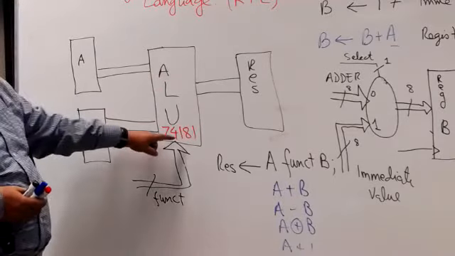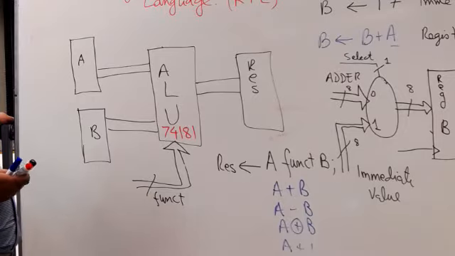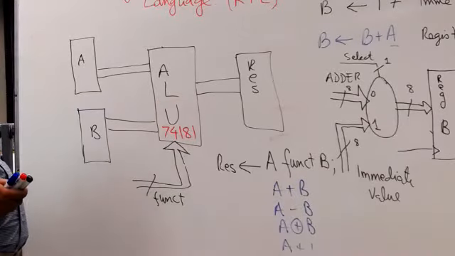But this IC, I'll request you to look at on Wikipedia, about this 74181. That was the very first arithmetic logic unit in a complete IC. Very revolutionary IC, changed a lot of things. Many popular computers in those days, even mainframe computers, used this IC, 74181.